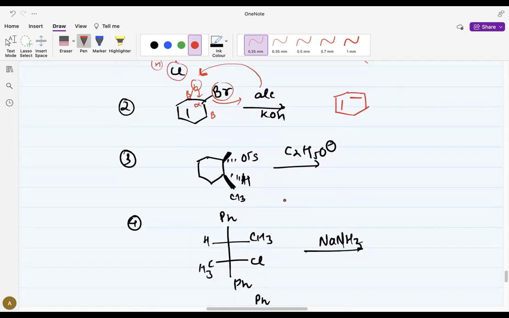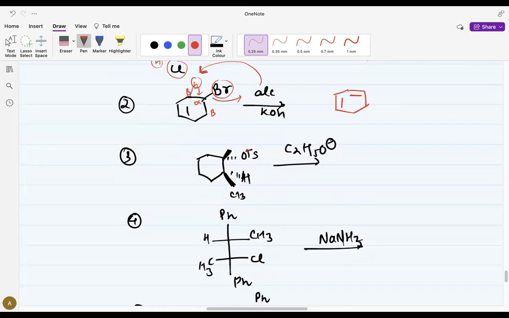Third one also see, let's say we have OTs. Here leaving group is OTs, O-tosyl. This is our leaving group. So if I want to take hydrogen, this is alpha, this is beta, this is beta. Then it has two possibilities. It can take hydrogen from this side and it can take hydrogen from this side.